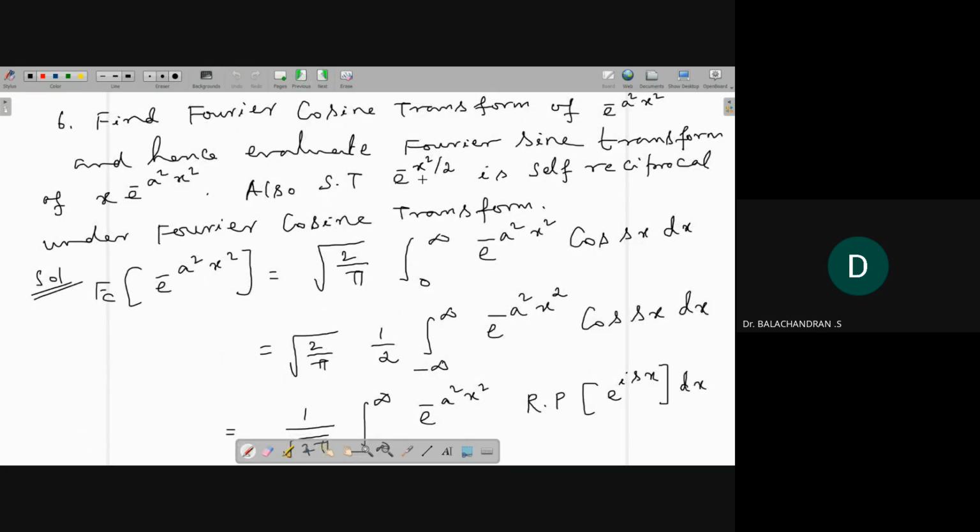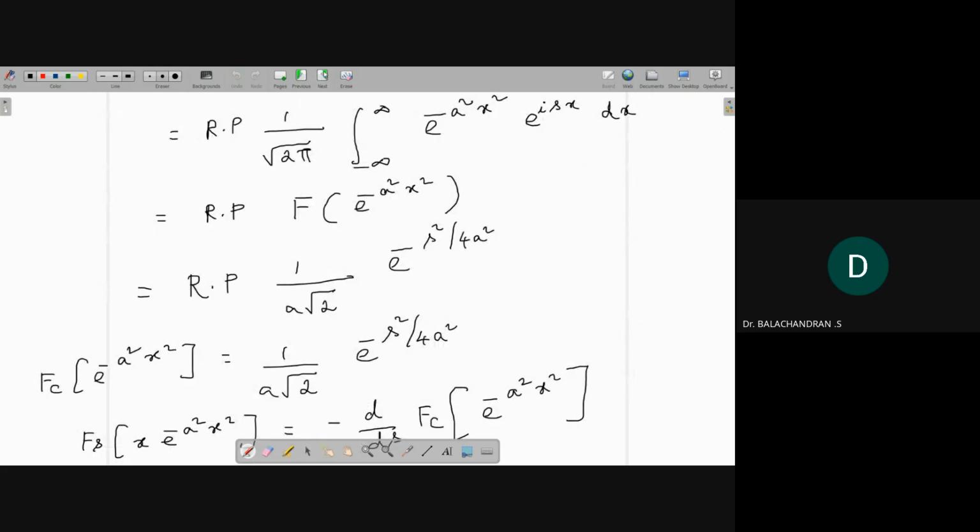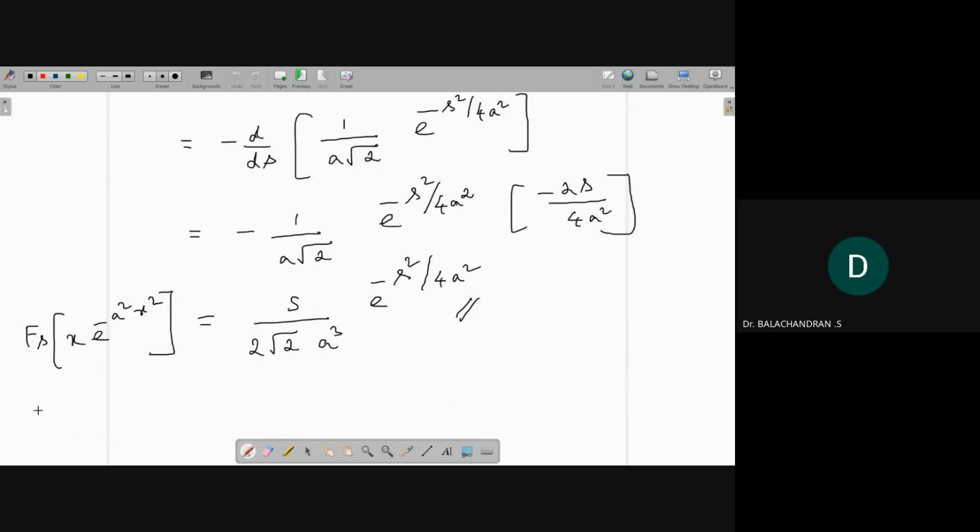Also show that e power minus x square by 2 is self-reciprocal under Fourier cosine transform. Here I'll take this as equation number 1. In equation 1, substitute a equal to 1 by root 2.